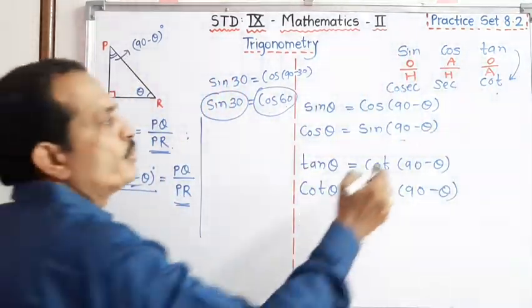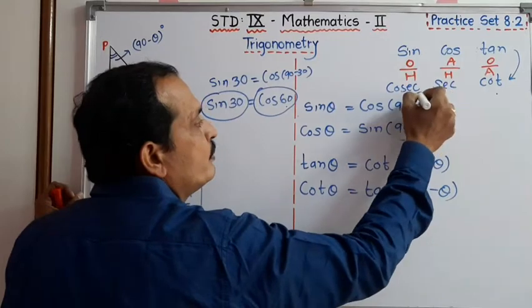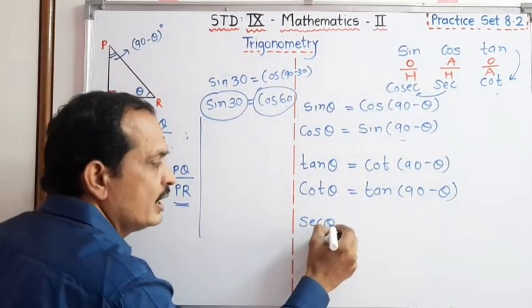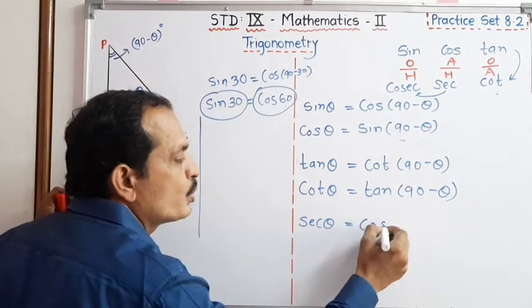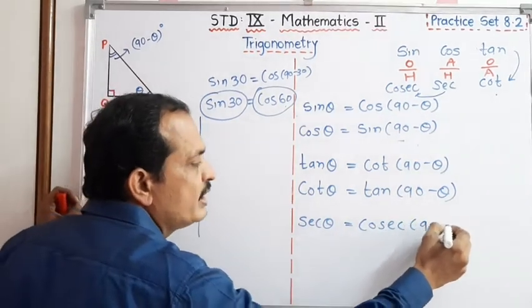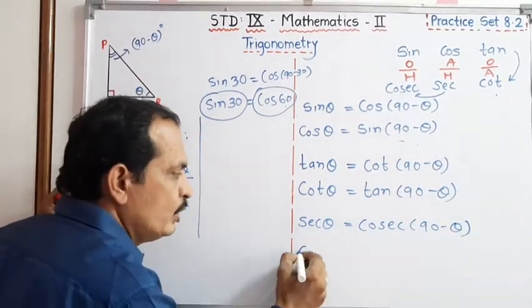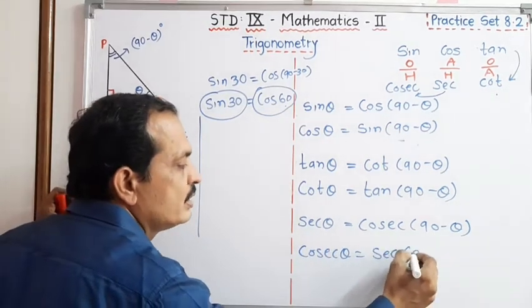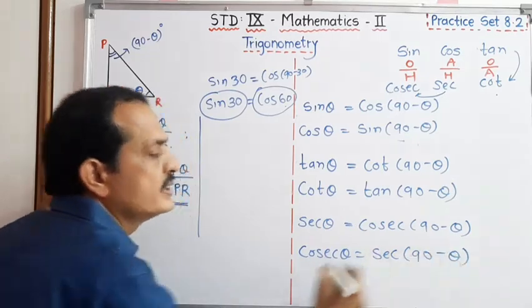Dear student, remember this. The same relation we can prove between sec and cosec. Therefore, we can write sec theta is equal to cosec 90 minus theta, and cosec theta is equal to sec 90 minus theta.